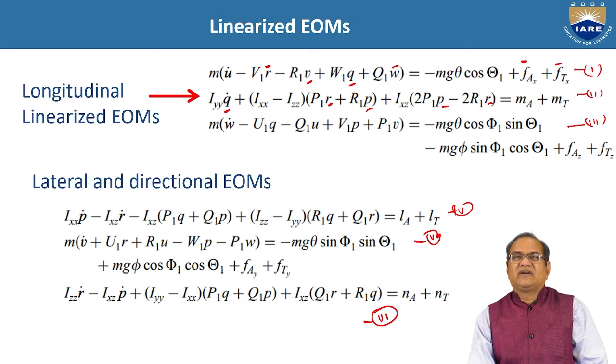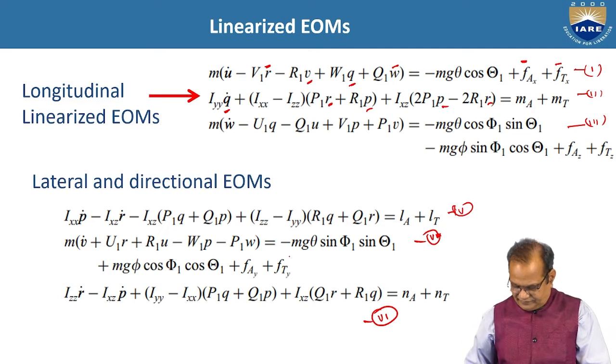U, V, W are the velocities in X direction, Y direction and the Z direction. Ixx and so on are the moments of inertia about the X axis, and Ixz is the product of inertia in XZ. So wherever I is there, I indicates the moment of inertia, and the subscript xx indicates with respect to the xx axis. Like this we have to understand.